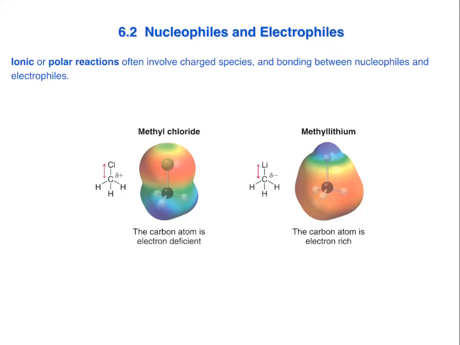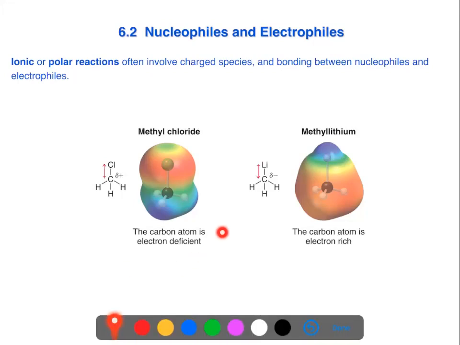Now in this example here, what we're showing is, going back to section 1, how important it is to recognize the differences in electronegativity between neighboring elements.